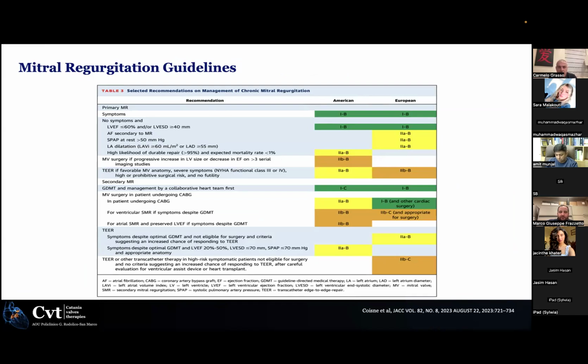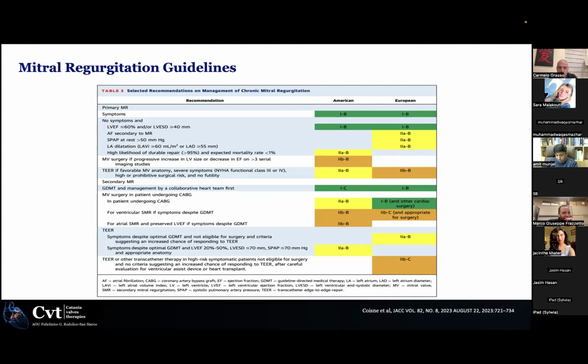When we deal with primary MR patients, we have to treat all symptomatic patients. If patients are asymptomatic, we have to treat those who are starting to have impairment of the left ventricle, so patients with an ejection fraction less than 60% or initial dilation of the left ventricle. This is the same for both American and European guidelines.